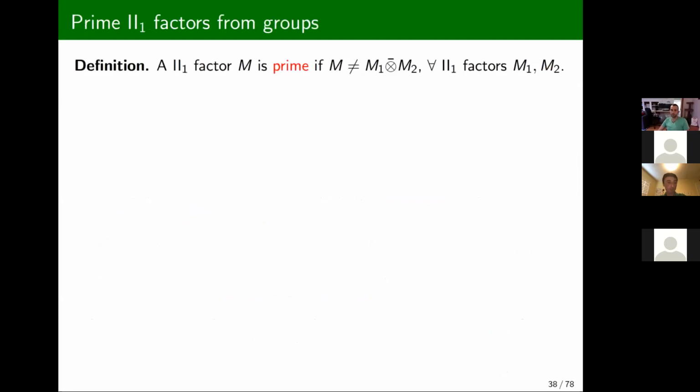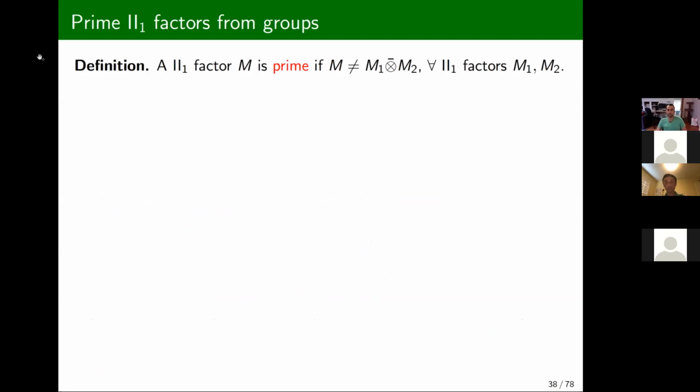And so before I tell you some of these rigidity results and how they fit in the general picture, let me mention that typically many of the rigidity results are obtained as a consequence of structural results. They're obtained as a consequence of results proving something about the structure of the von Neumann algebras. And one important structural property is that of primeness.